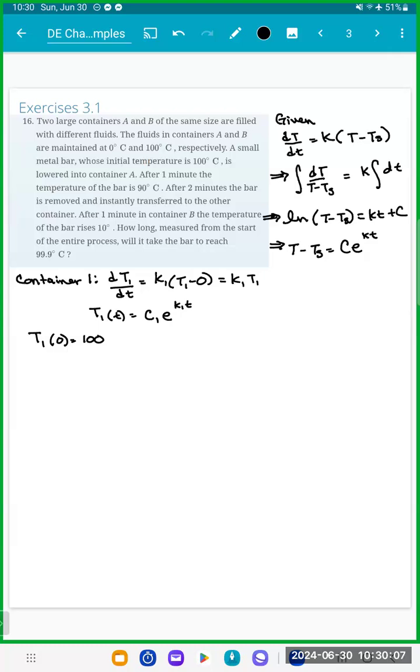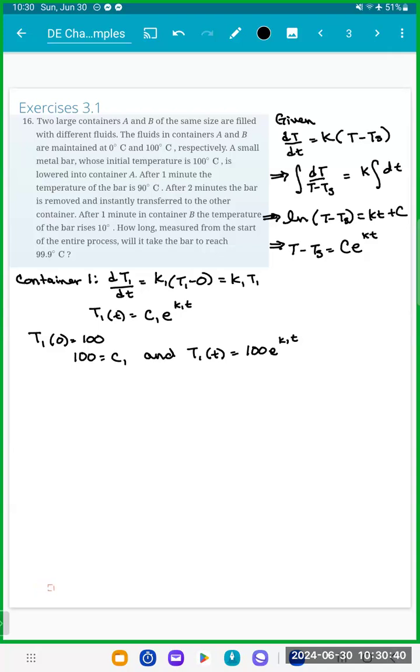Because that's what we're ultimately trying to determine, where we can get that temperature at 99.9. So now we have that 100 is equal to our C1, and that T sub 1 of T is equal to 100 E to the K1 T.